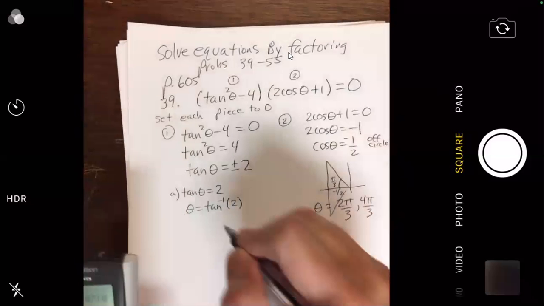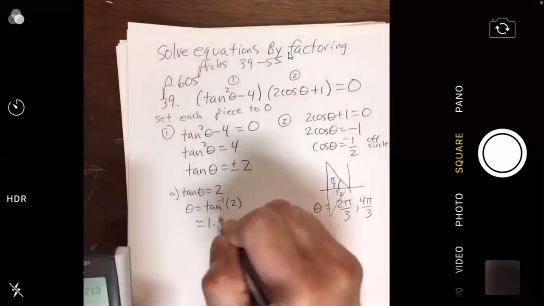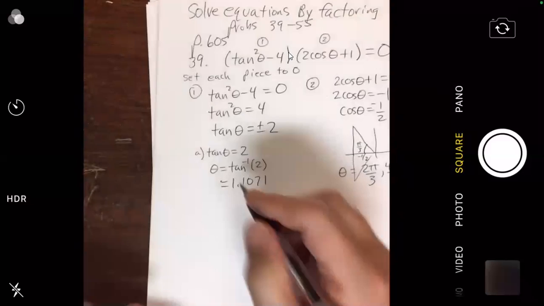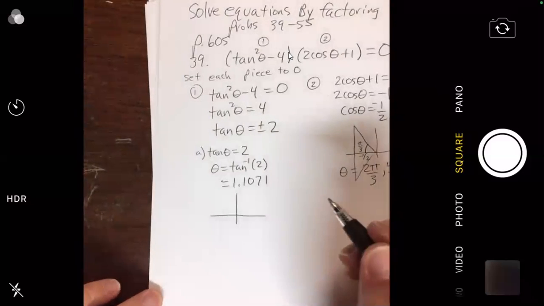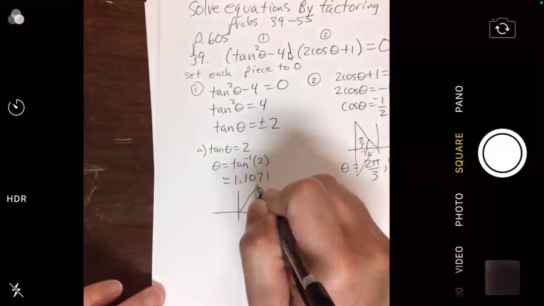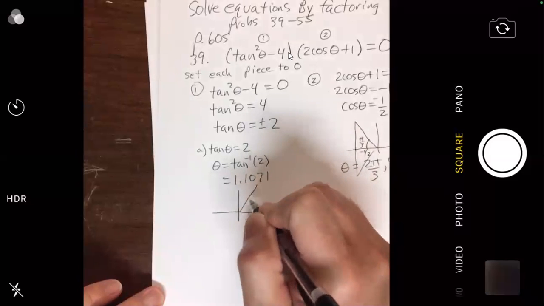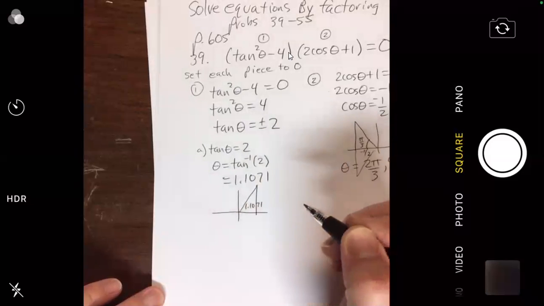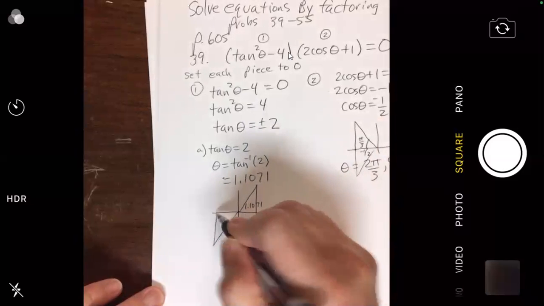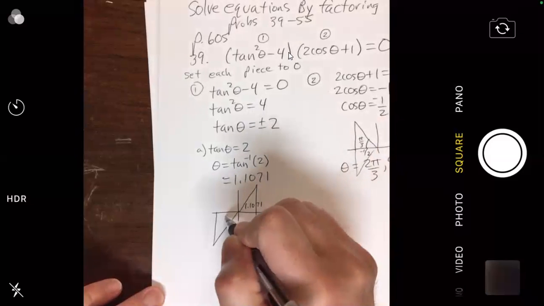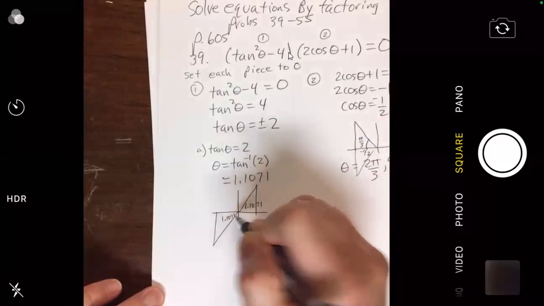1.1071. And again, for that one, you can do a 1.1071 be first quadrant. And again, tangent positive would be into the third quadrant. Tangents go cross quadrants. So again, this is 1.1071.